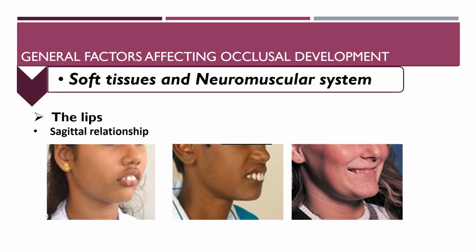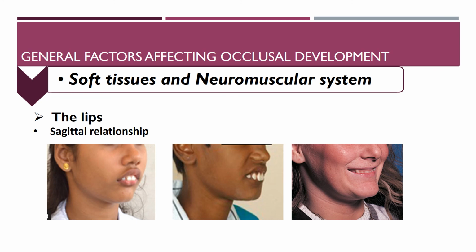If they are of sufficient size to be together at rest, then lip closure will not place extra force on the teeth. If the lips at rest are apart, then muscular contraction will be required to bring them together during swallowing and speech, which in turn will impose extra forces on the erupting teeth.